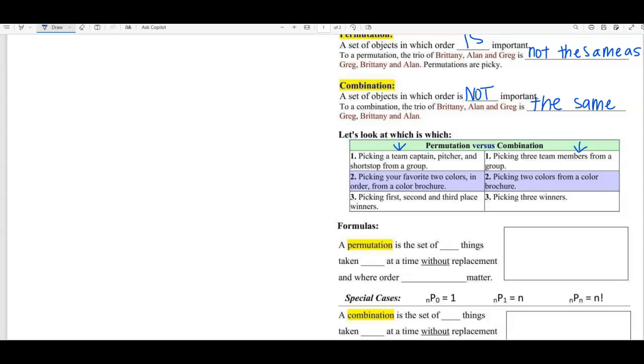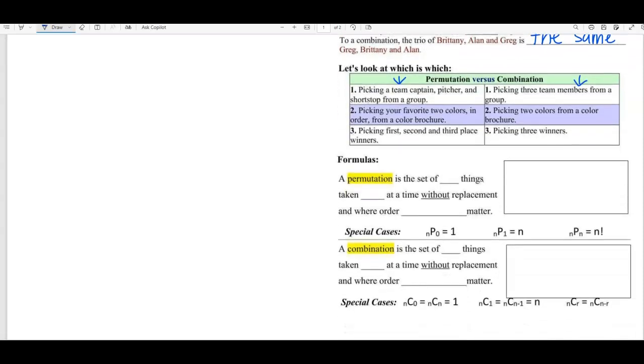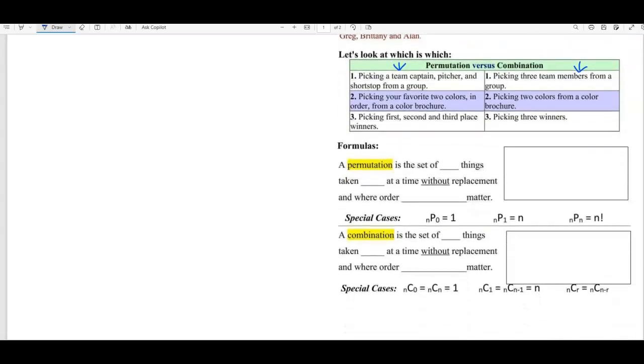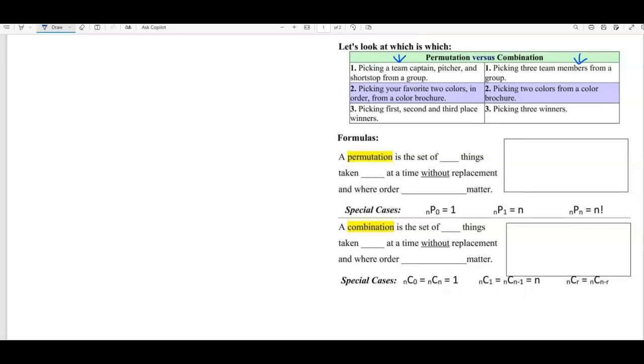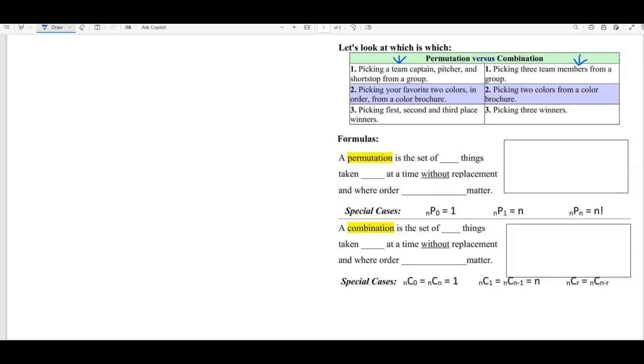Picking your favorite 2 colors in order from a color brochure, so your first favorite color and then your second favorite color, versus just picking 2 colors from a color brochure. Another difference, picking first, second, and third place winners, versus just saying 3 winners. 3 people win. That is not the same as first, second, and third place.